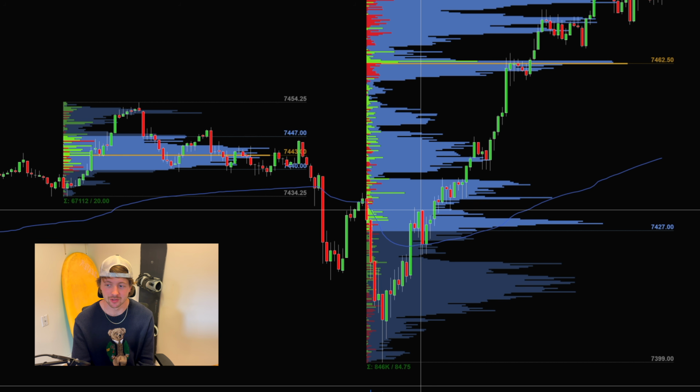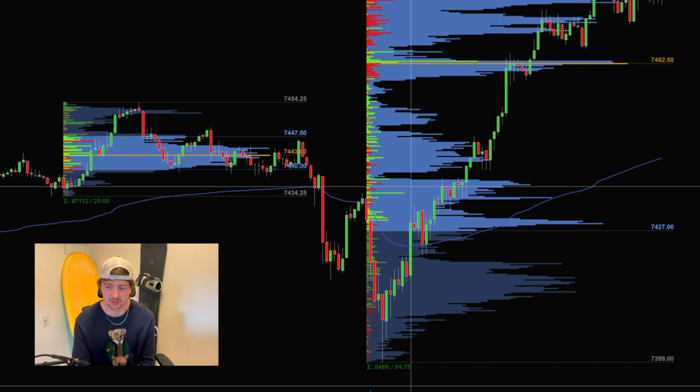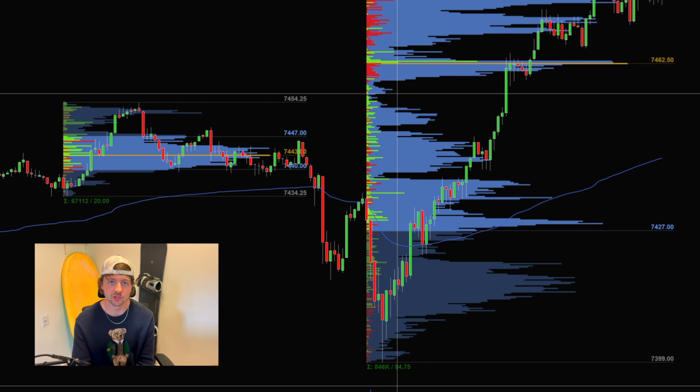Typically, when I see low volume nodes form in the middle of a trading range, like this one here and this one here, these are areas of stair stepping where the market rallies up, or in a downtrending bearish market drops down, pops back up, and fails. Think of it as tapping on the ceiling and then walking upstairs and jumping on the same floor that used to be that ceiling.